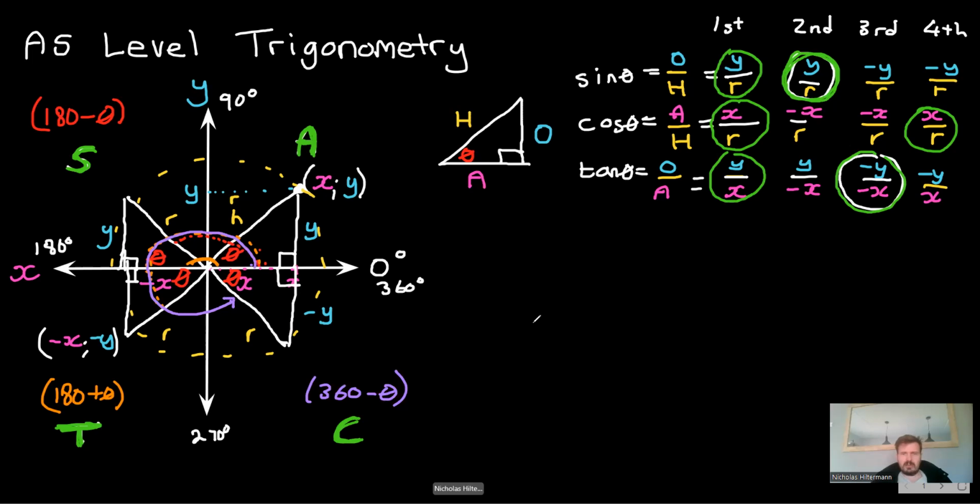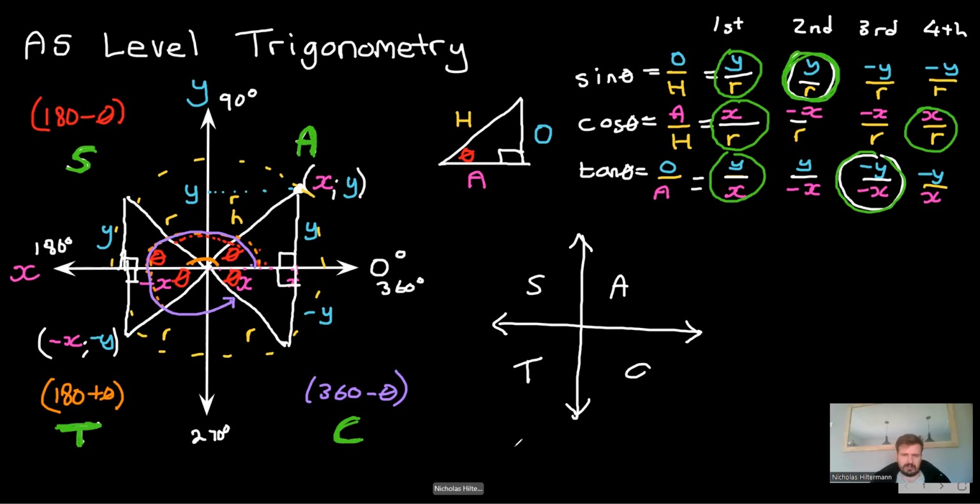Now, this is sort of an explanation, but really, what are the main things you have to remember? Well, let's just summarize that in a much simpler one. The first thing is the CAST diagram, and this tells you which of sine, cos, and tan are positive in which quadrant. All sine positive, tan positive, cos positive.